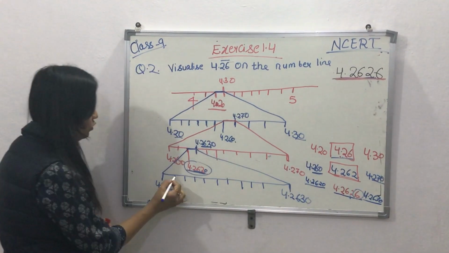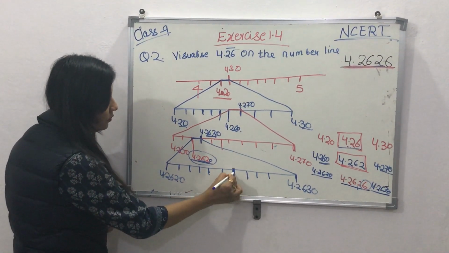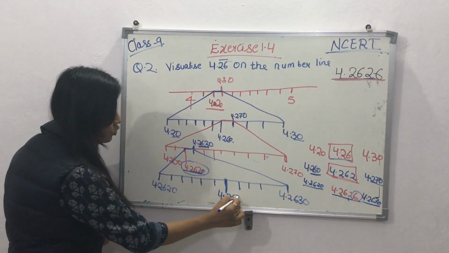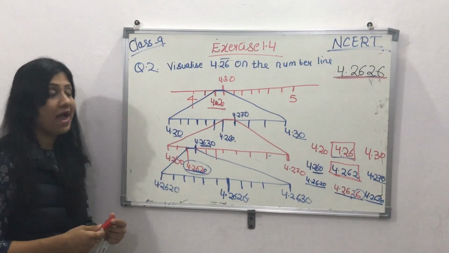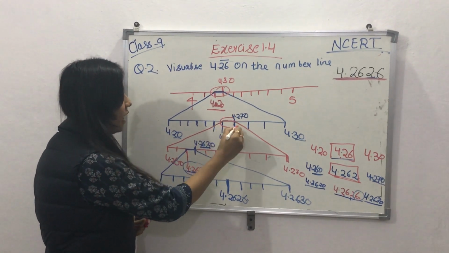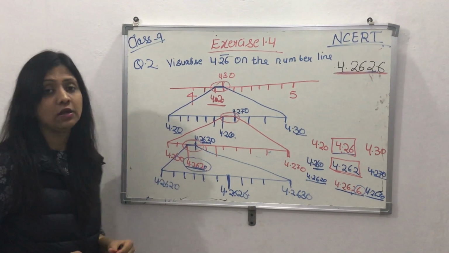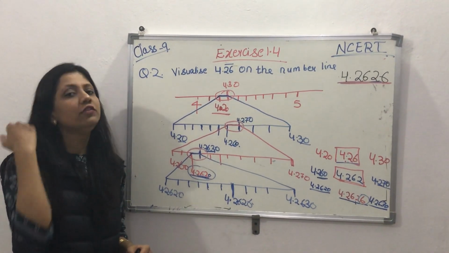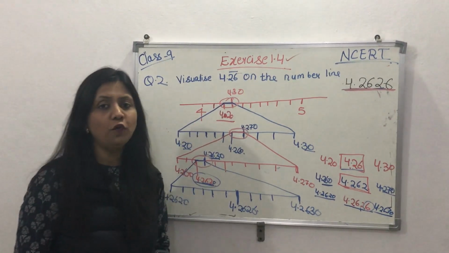Sixth. So 1, 2, 3, 4, 5 and 6. This will be my 4.2626. So in this question, how many magnifications have we done? This is the first magnification, second magnification, then this is the third magnification. We have done successive magnification 3 times. So this completes exercise 1.4.